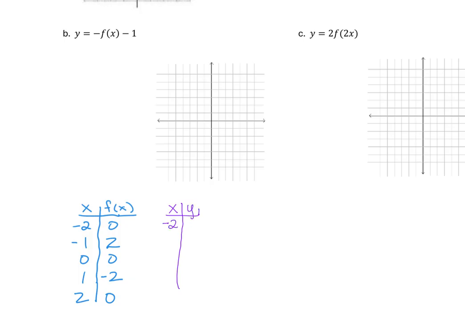And so my x's stay the same. The first thing that we want to take care of is on our y's, we want to, remember, do our stretching, compressing, reflecting, and then we do our shifting. And so we are going to start with the negative that's on the outside, and this is a vertical reflection.